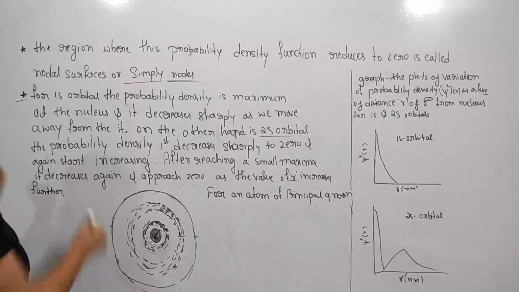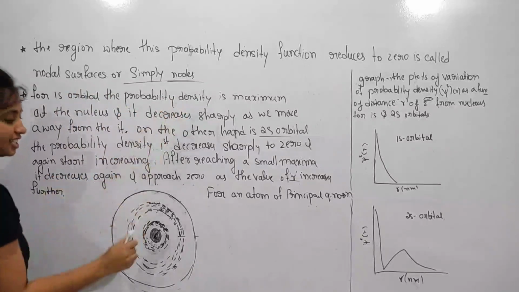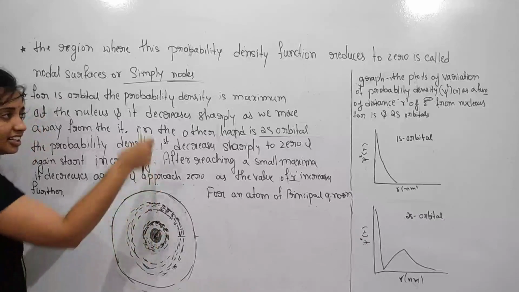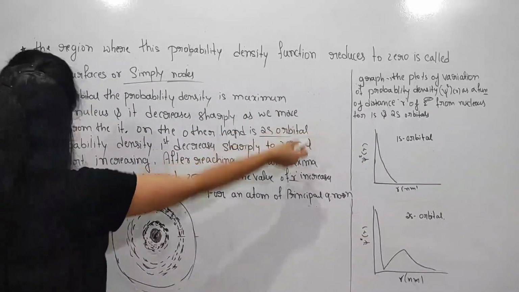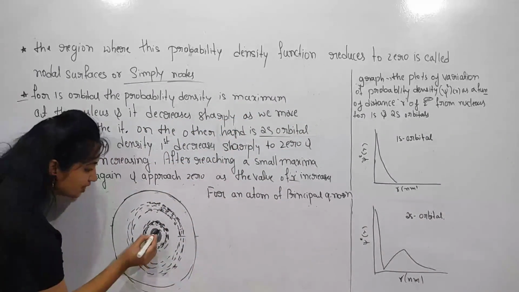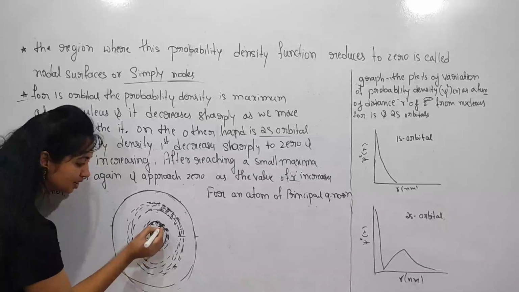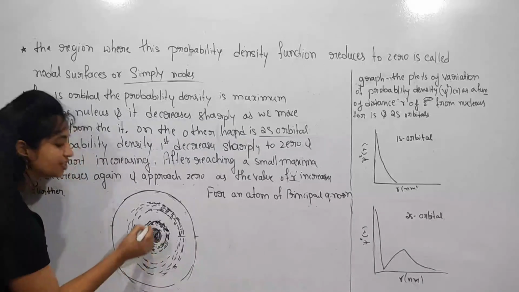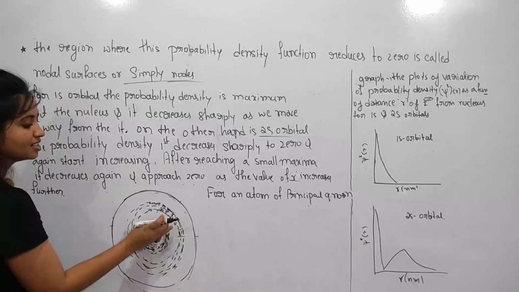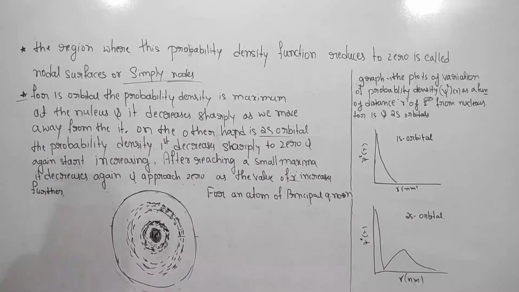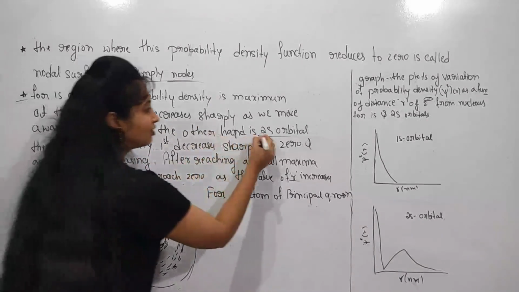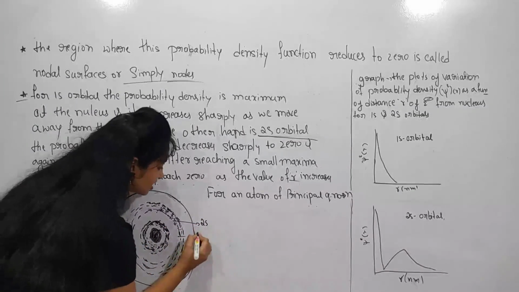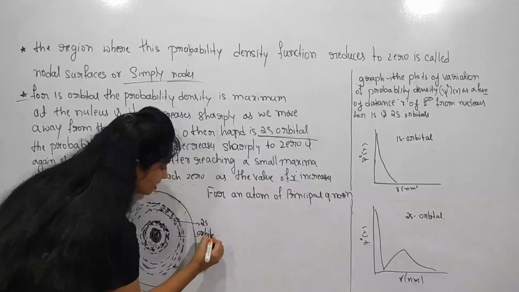In a 1s orbital, the probability density is maximum at the nucleus and it decreases sharply as we move away from it, and it becomes 0 here. On the other hand, this is our 2s orbital.